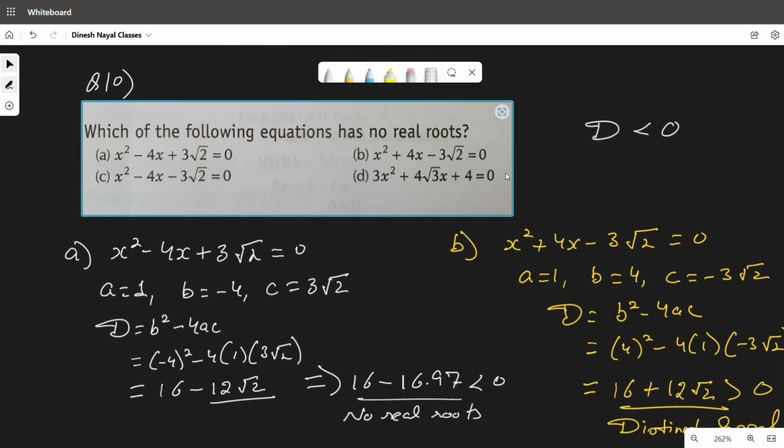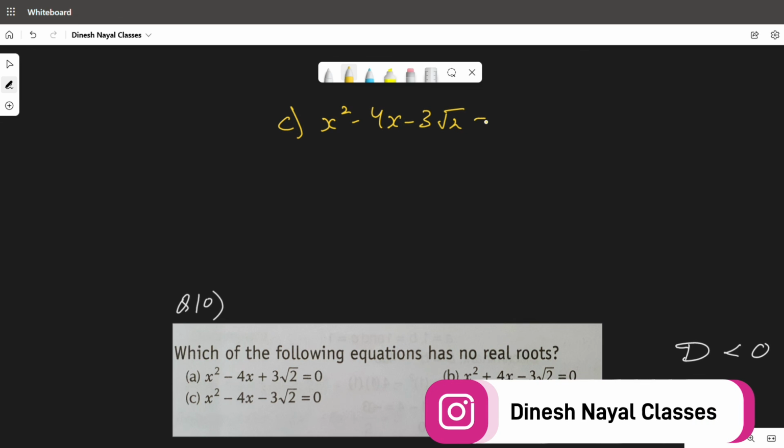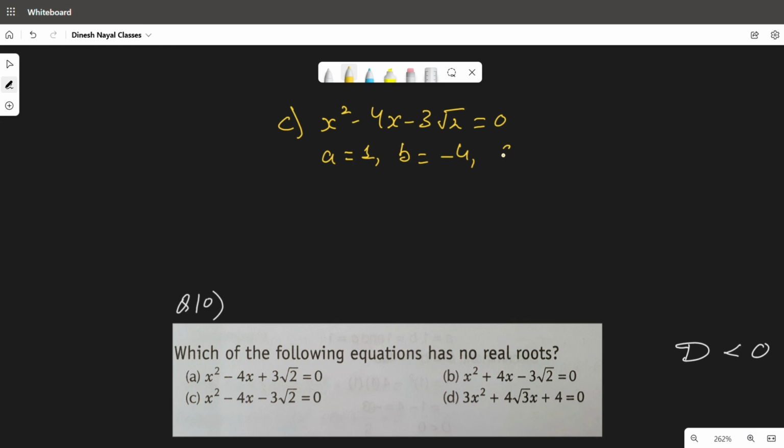Now we'll check for C. Now C is given as x square minus 4x minus 3 root 2 equals to 0. So here A is 1, B is minus 4, C is minus 3 root 2.